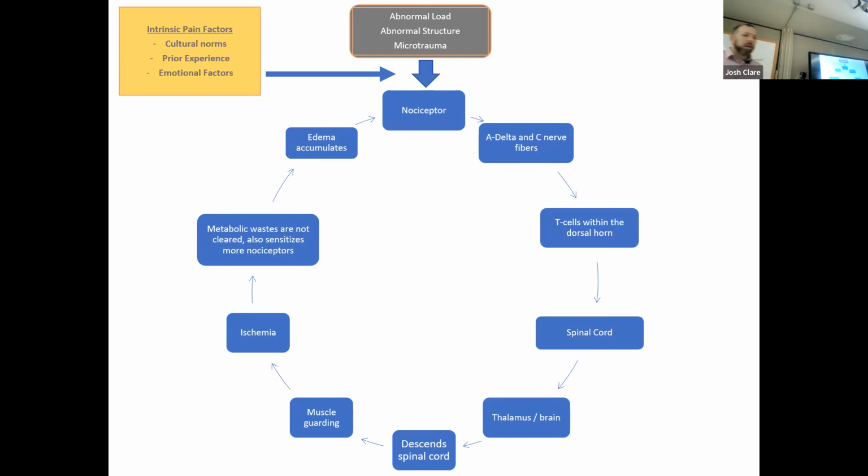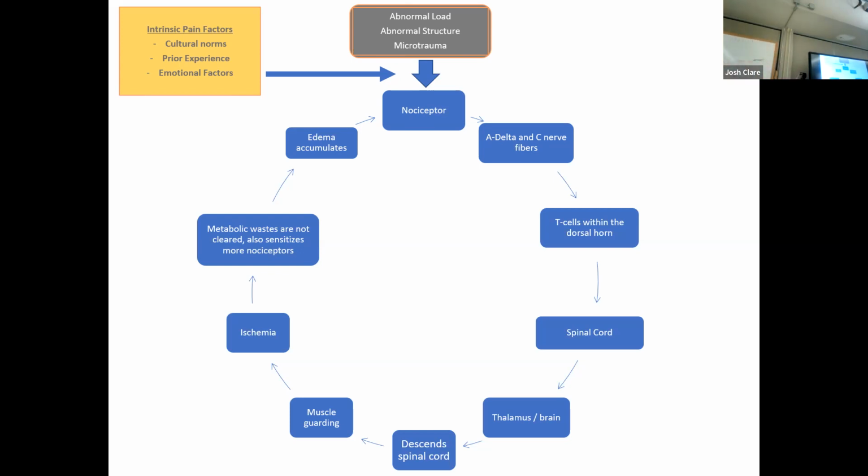All right, so looking at this picture here, what do you guys think? Where in the pain cycle are we affecting with ultrasound? Let's start with thermal type of ultrasound. Potentially muscle guarding, ischemia, generating more blood flow. Good. Anything else? Non-painful stimulus.